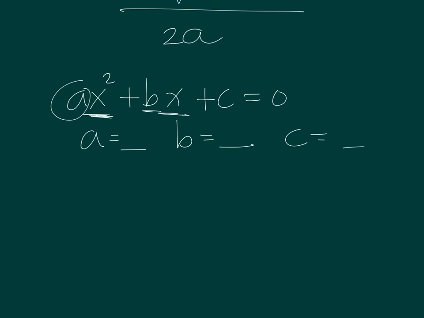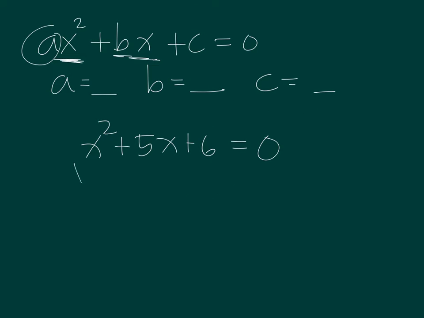In this case, we are solving x squared plus 5x plus 6 equal to 0. It means my a is 1. You don't see it, but it's there. My b is 5 and my c is 6.